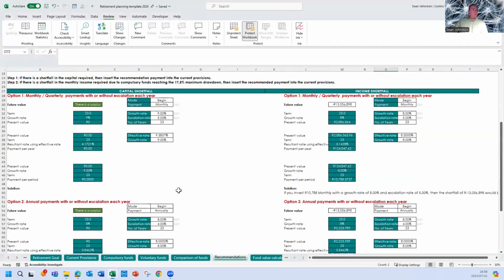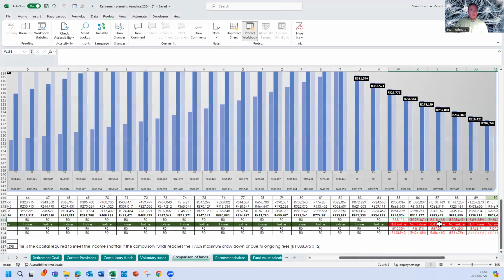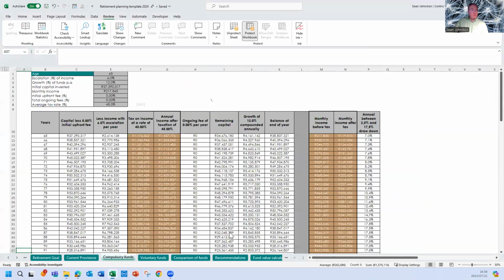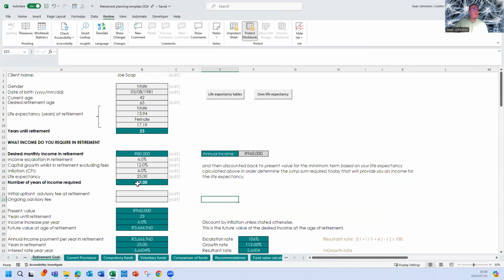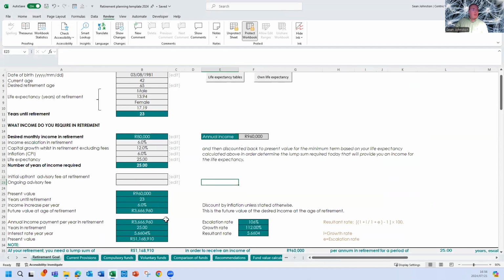So we established under the comparison of funds that his compulsory money was going to max out at age 85, and he has to have money provided until he's 90, which means he will have 25 years, so 65 plus 25 is 90.